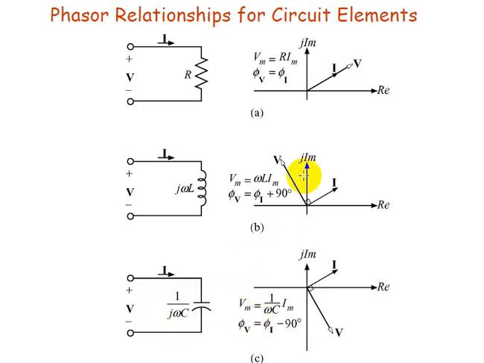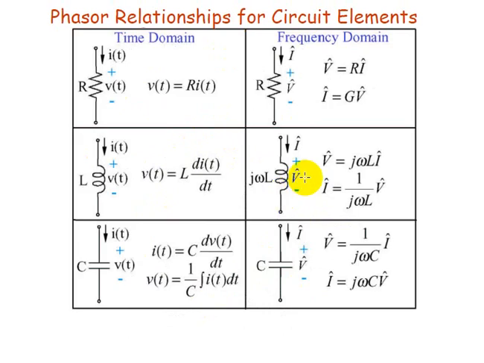This is the summarized phasor relationship of different basic AC circuit elements, and here is also the detailed summary. Remember, in phasor representation, we write the voltage and current with capital letters. V includes the magnitude and the angle in phasor representation, and I includes the magnitude and angle as well.